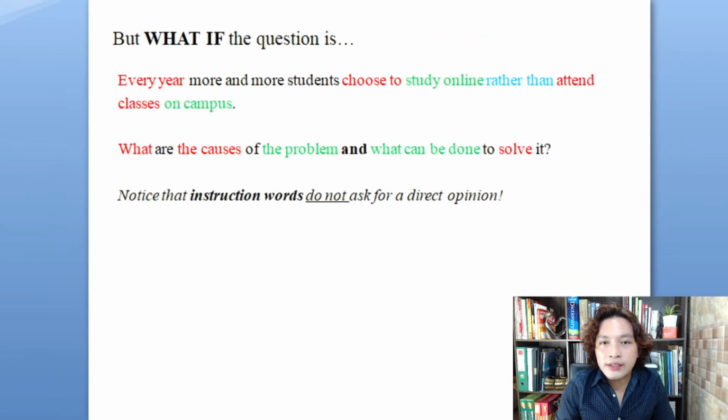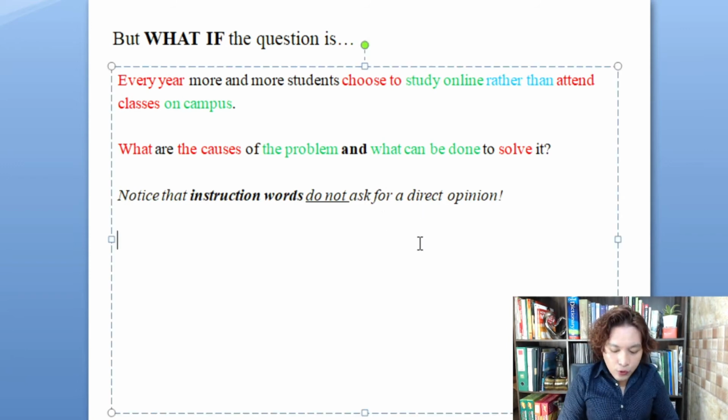Now, next, what if the question is, what are the causes of the problem and what can be done to solve it? As you can see, it's not asking for your direct opinion about this.